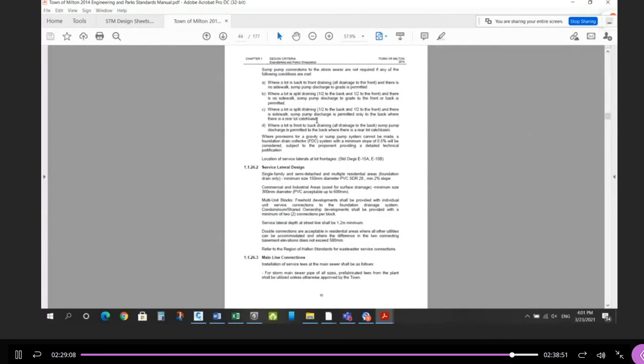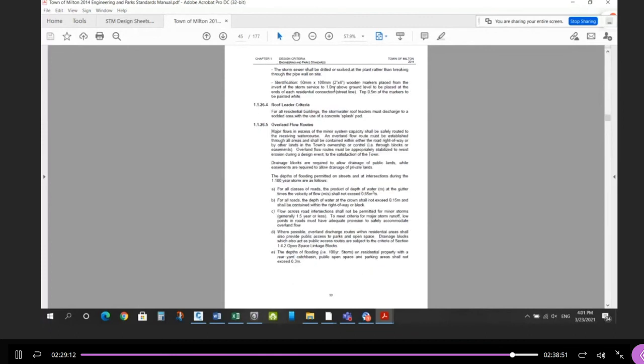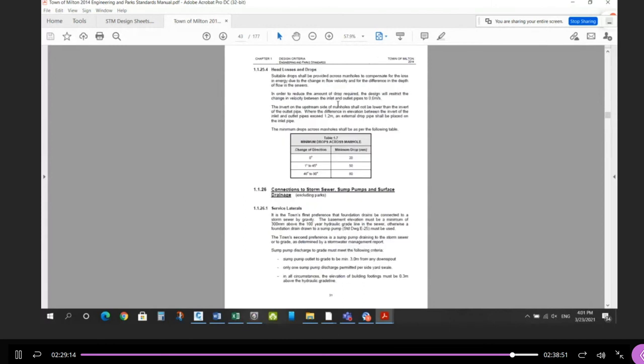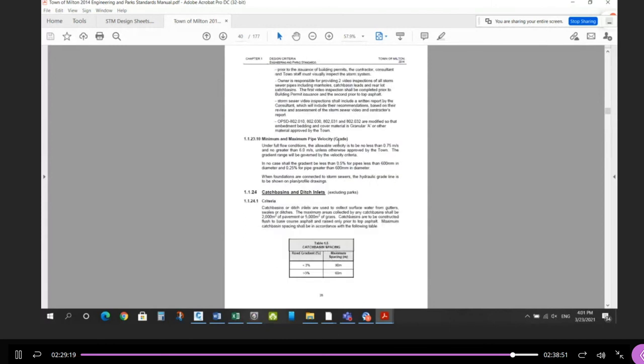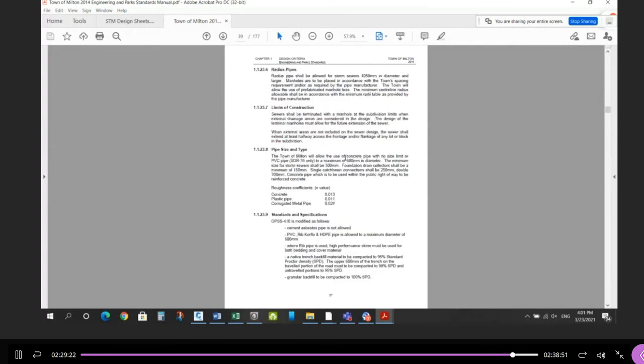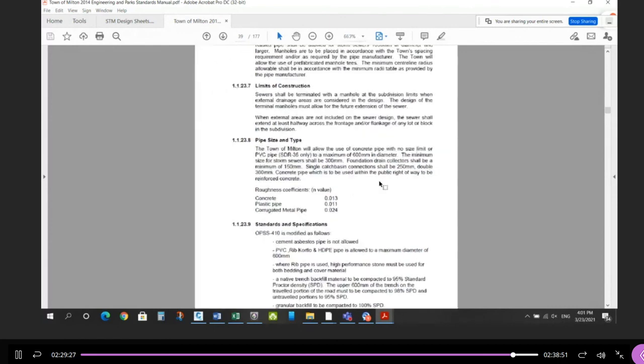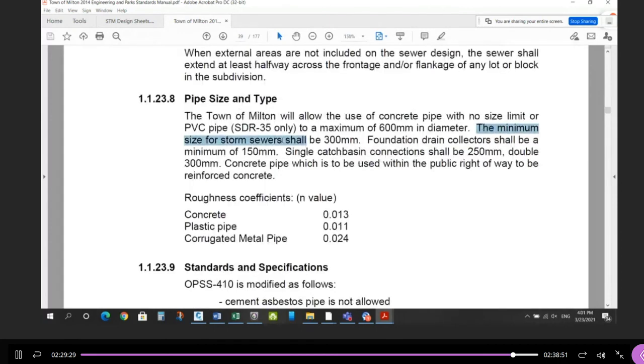Not here, minimum size, where is it? It's got to be in here somewhere. I think it's a 300. Here it is. The minimum size for storm sewer is 300.